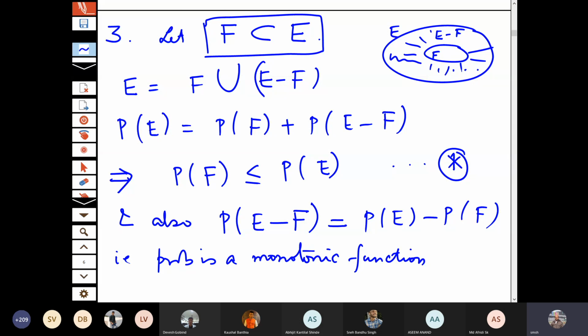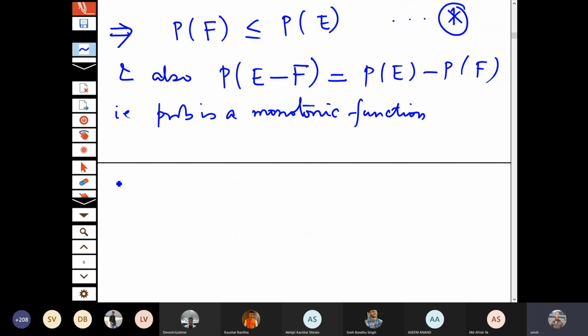So it's a natural thing that we should have that property, and the axiomatic definition allows that this will happen. And the second one is also of use, that is, if I consider the probability of the difference of two events, then it is equal to the difference of the probabilities, provided one of them is a subset of another. Okay. Let us look at next one.